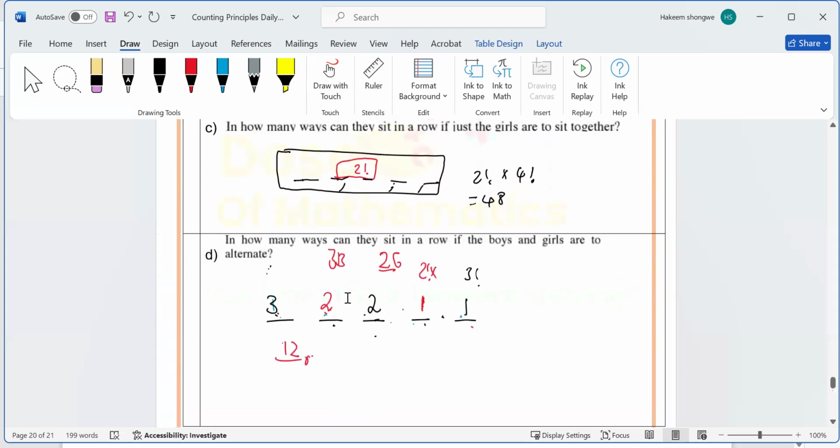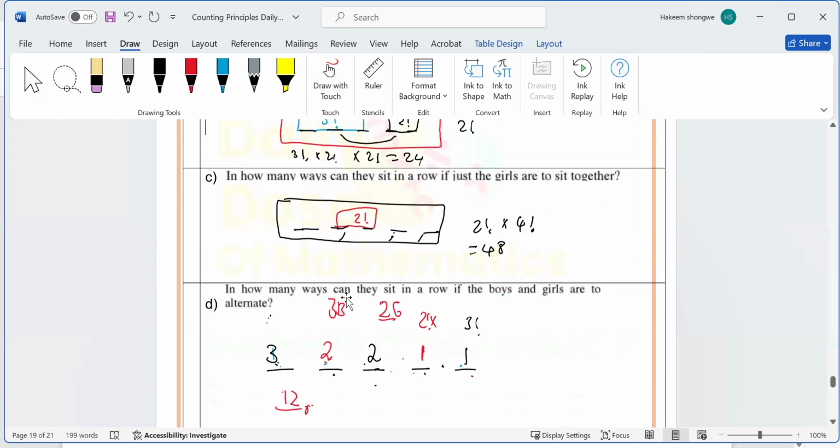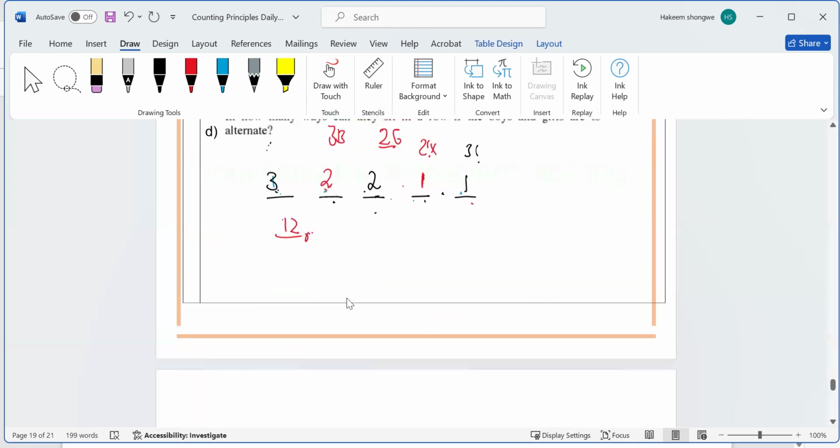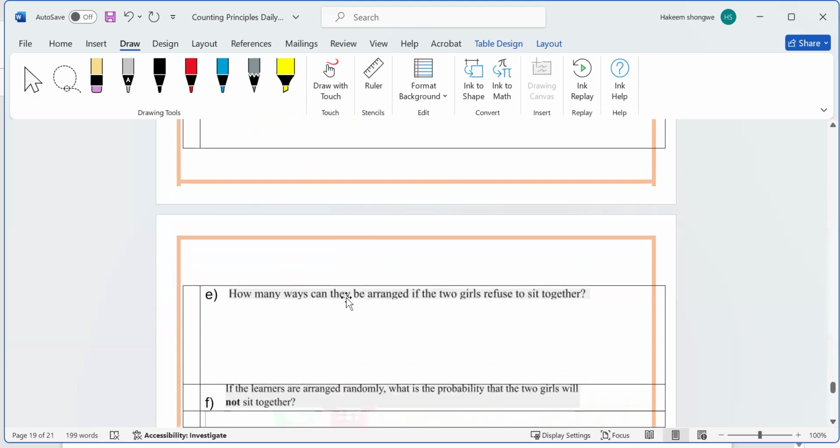So we know the girls, 48 times they're going to be seated together. So how many ways can they not be seated together? Instead of trying to do the not, it will be best for us to try this. We have all in all 5 factorial minus 48.